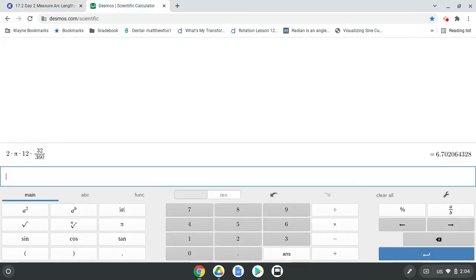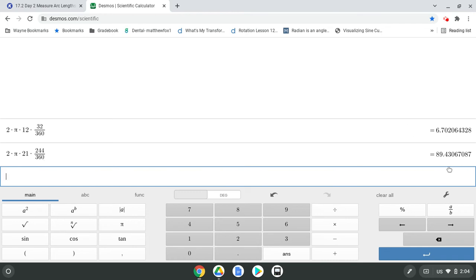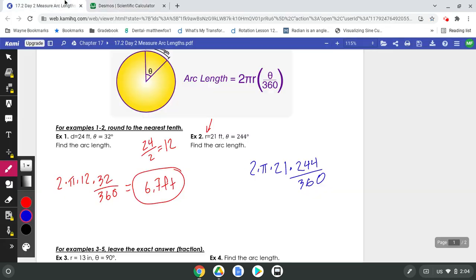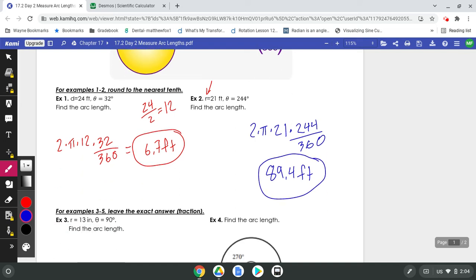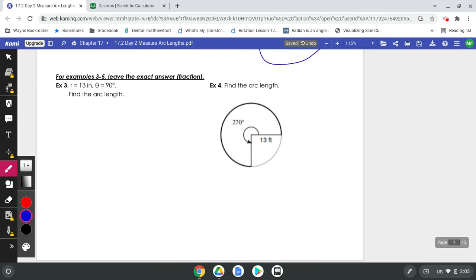So we'll do the same thing. 2 times pi times 21 times 244 over 360. We get 89.43, so we'll round to 89.4. Once again, 89.4 feet. And that's our answer.